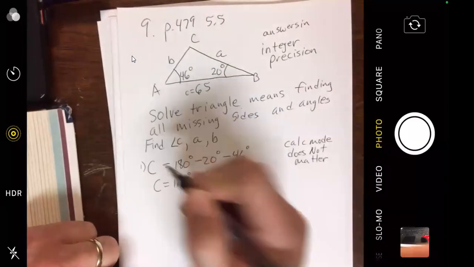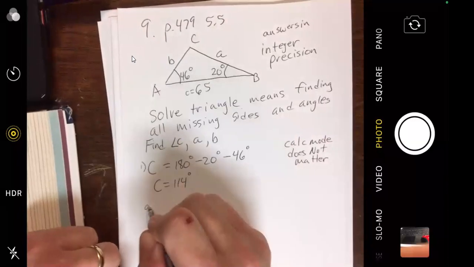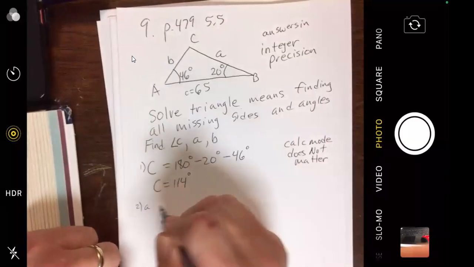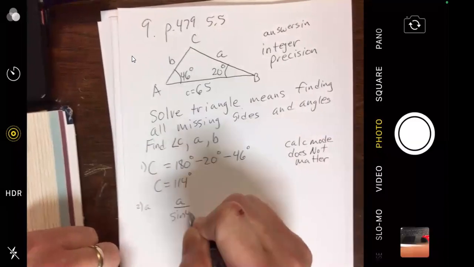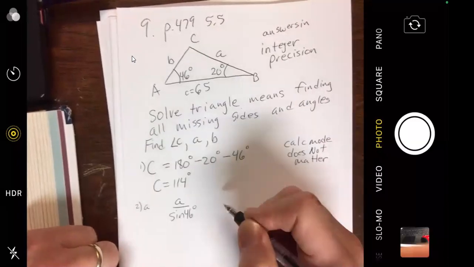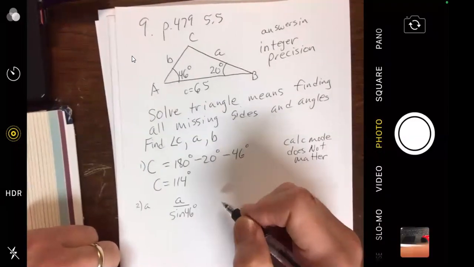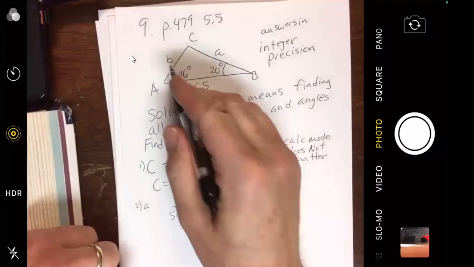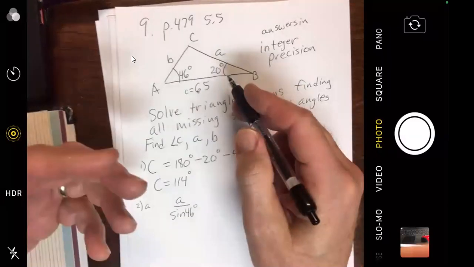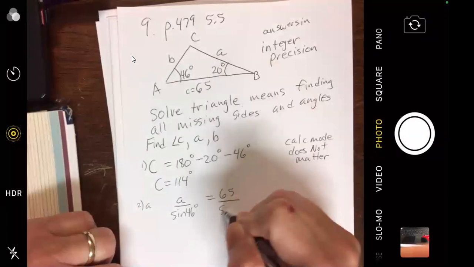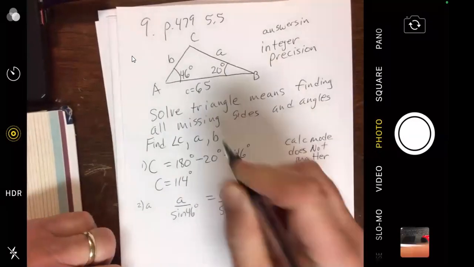So step 1 there: A over sine of the 46 degrees would equal, see, I can't use B over there because I have 2 unknowns. So I'll use 65 over the sine of the 114 degrees, angle C.